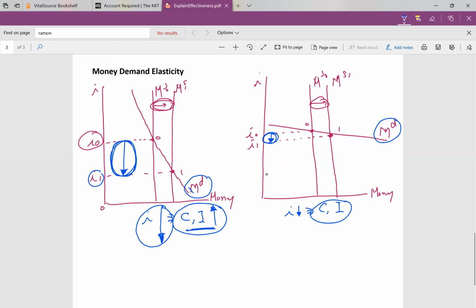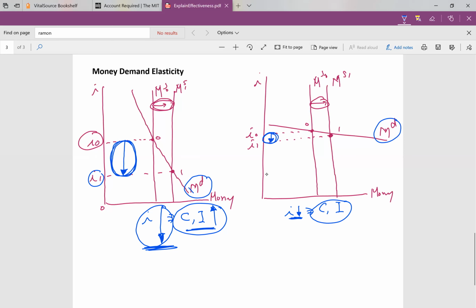When we have a very inelastic money demand, the drop is relatively large, and consumers and firms are more likely to respond. When the money demand is very elastic, the drop is very small, and consumers and firms are not very likely to respond.